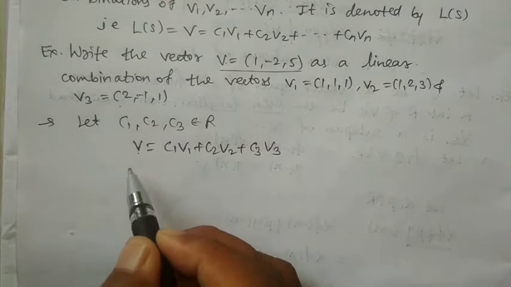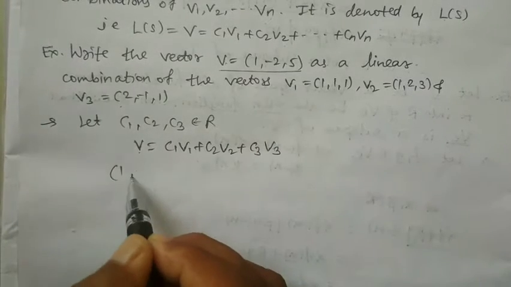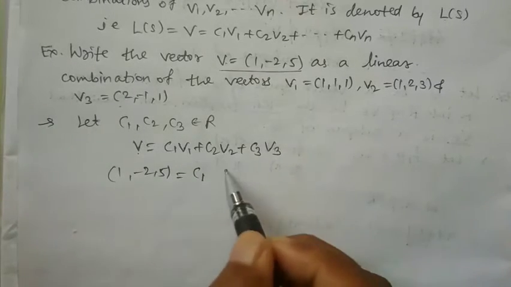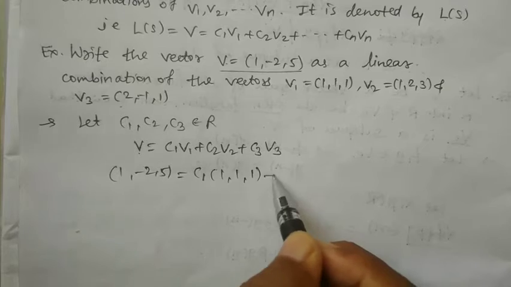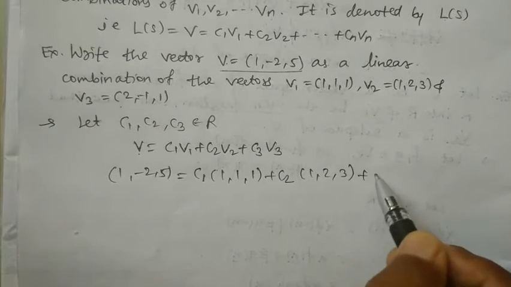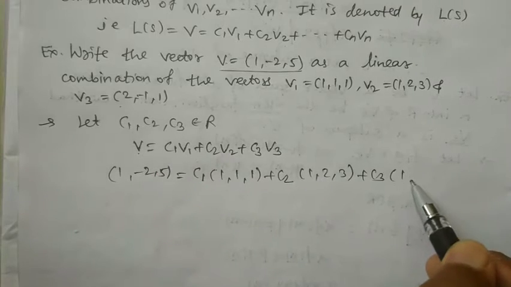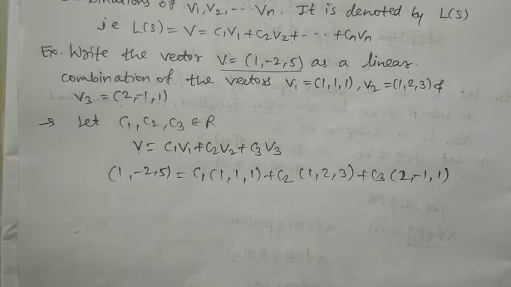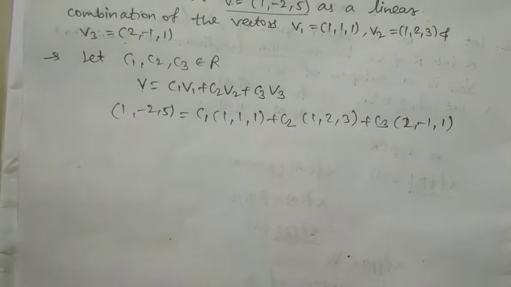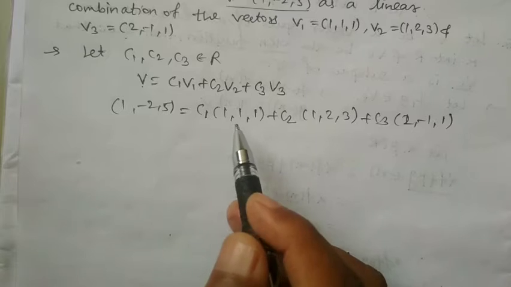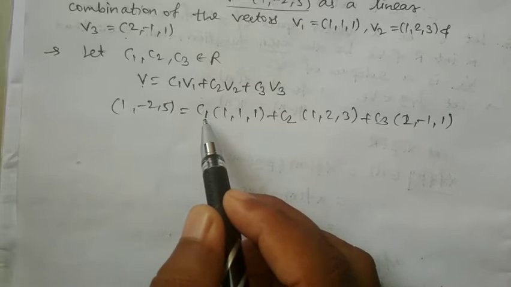So write down the vector v, given as (1, -2, 5), equals c1 into v1, which is (1, 1, 1), plus c2 into v2, which is (1, 2, 3), plus c3 into v3, which is (2, -1, 1). Now comparing the row vectors, we get the equations.